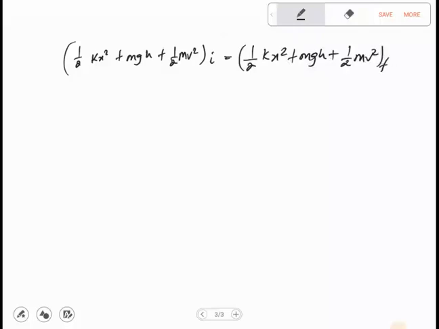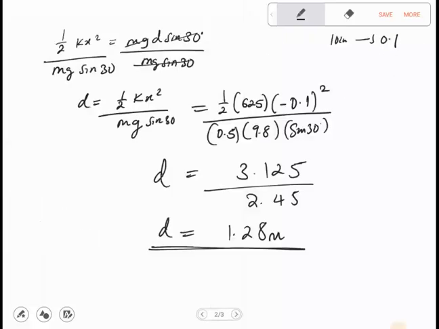Well, we are just using the same thing. Here we are going to have this because we know that potential energy and kinetic energy at A is 0, or initial is 0.